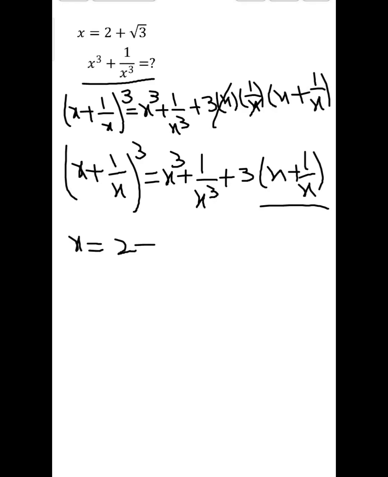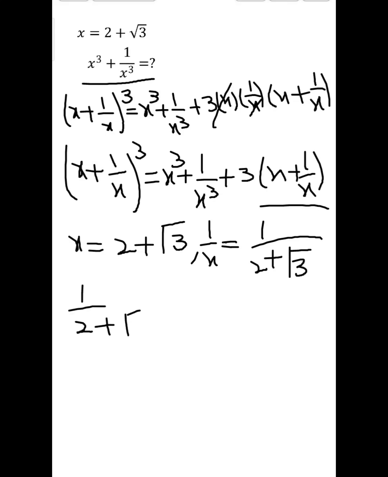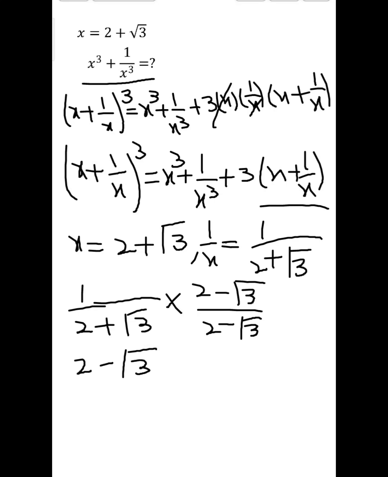And for that we know x is equal to 2 plus square root 3. Then 1 over x will be equal to 1 over 2 plus square root 3. As a square root is not likable in the denominator, we will solve 1 over x's value by taking the reciprocal. It means 1 over 2 plus square root 3 times 2 minus square root 3 over 2 minus square root 3.